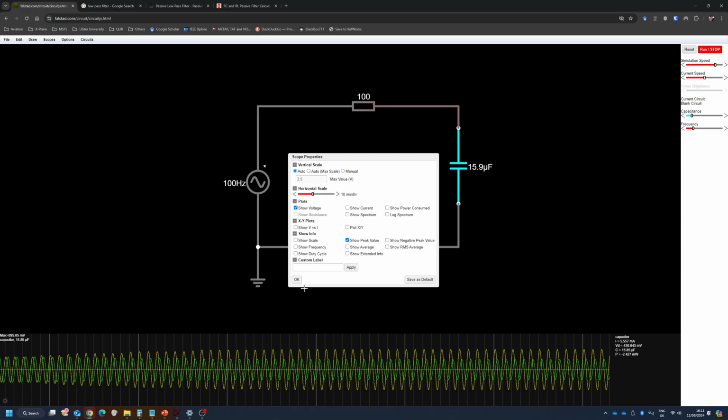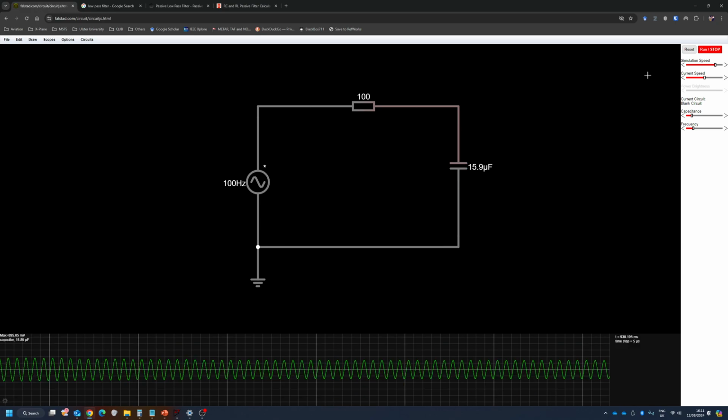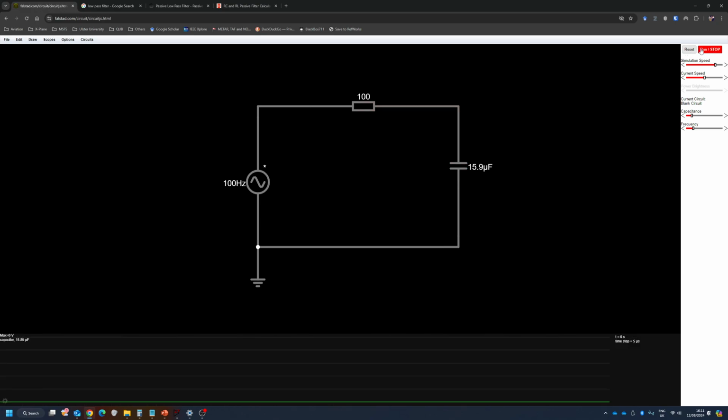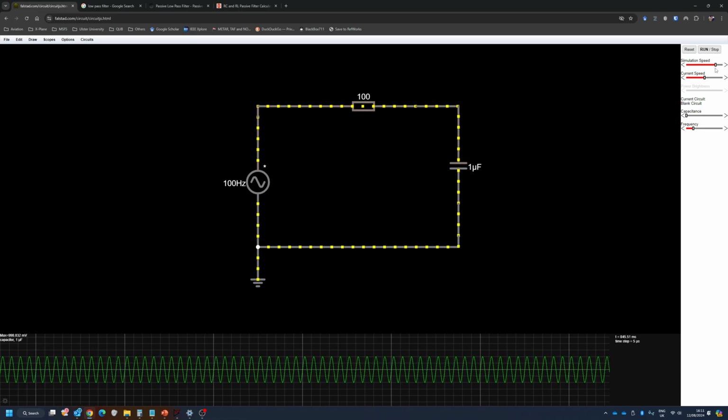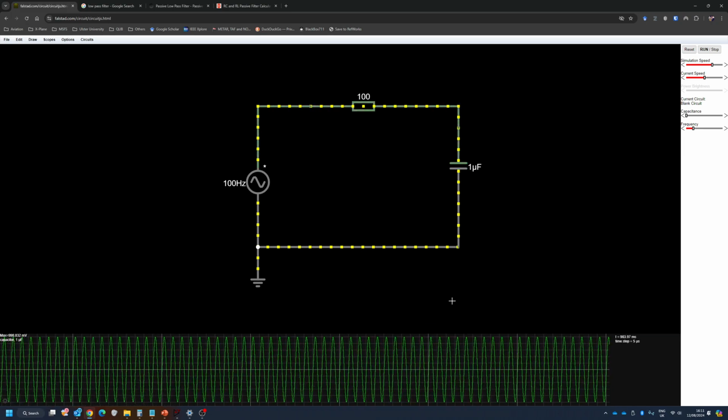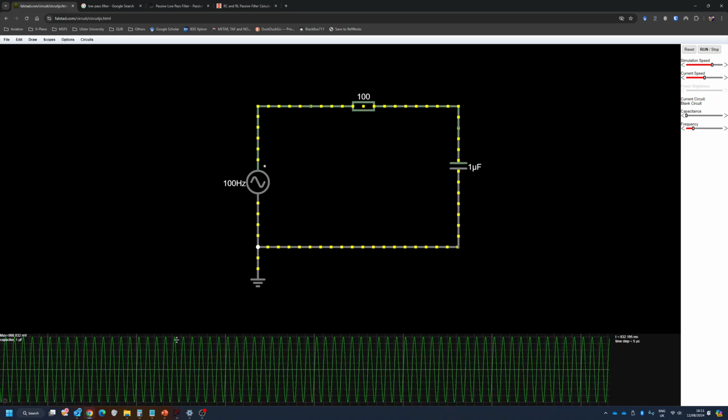Show current, yeah, that is much better. If I reset, bringing my capacitance back to 1, right now we only see the voltage. Let me run this. It doesn't scale. Can I scale, max scale? There we go.